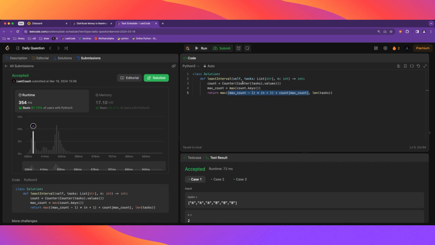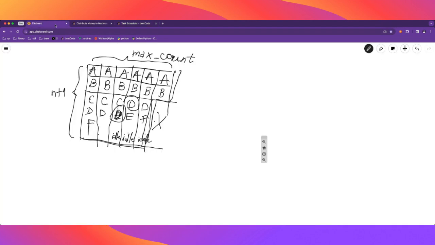Here it is easier to see, because first we have this rectangle, which is max count minus 1 times n plus 1. I'm repeating this so that it's clear. And then the count of the max count.